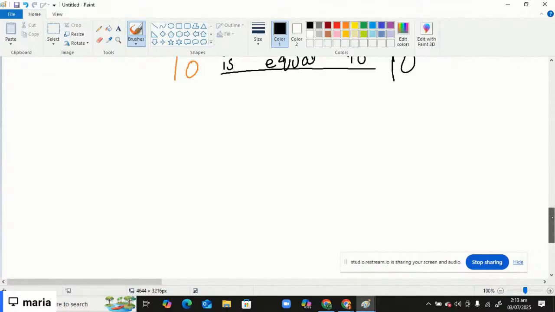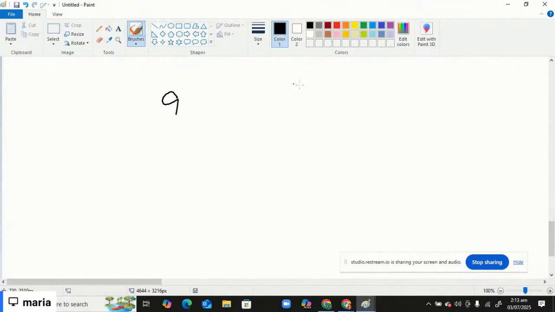Now if I'm going to write it down here, 9 and 10. Now tell me which option we are going to put here. Everyone tell me in the chat, I'm waiting. 9 is less than 10, 9 is greater than 10, or 9 is equals to 10.